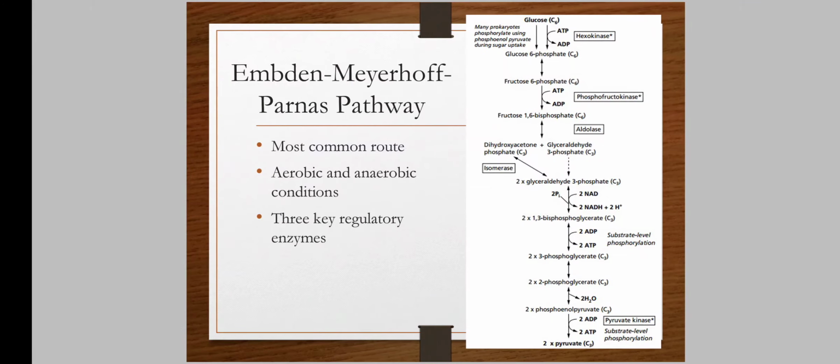So examples of catabolic pathway, aside from glycolysis, you have the... this is actually glycolysis. The Embden-Meyerhof-Parnas pathway is the most common route found in most organisms. It occurs in both aerobic and anaerobic conditions, and you have three regulatory key enzymes. We already discussed this EMP pathway.